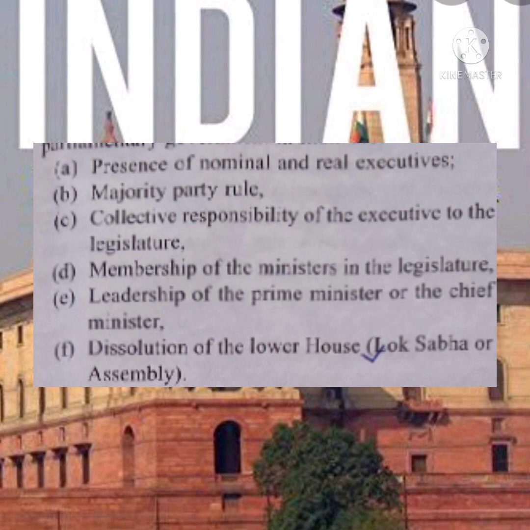Then majority party rule. In our country also, the government is ruled by the majority party. Then collective responsibility of the executive to the legislature. Once again, the three organs of the administration are the legislature, the executive and the judiciary. The legislature makes laws, the executive implements these laws, and the judiciary punishes the violators of the law.